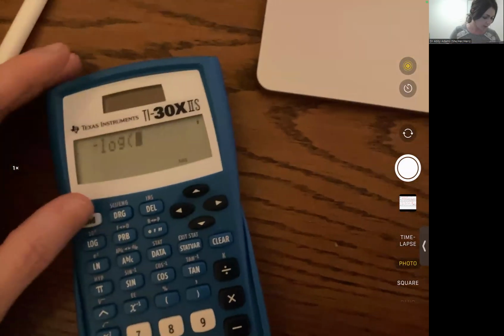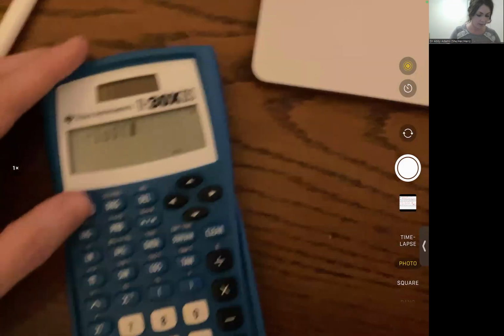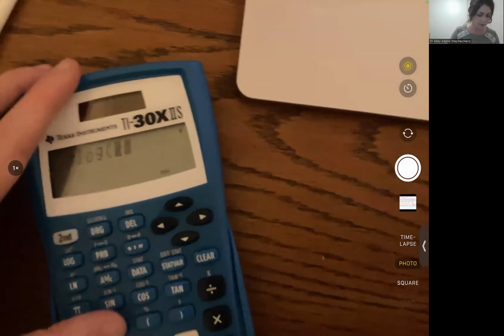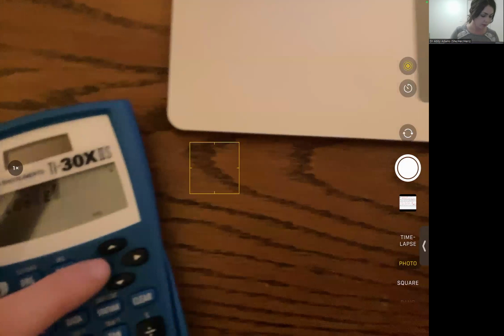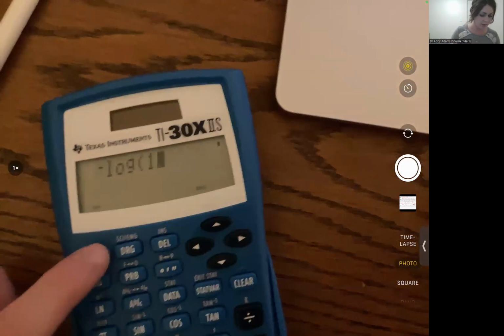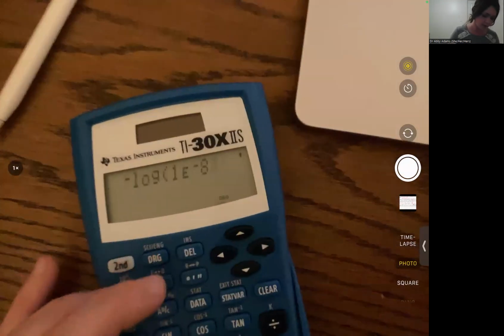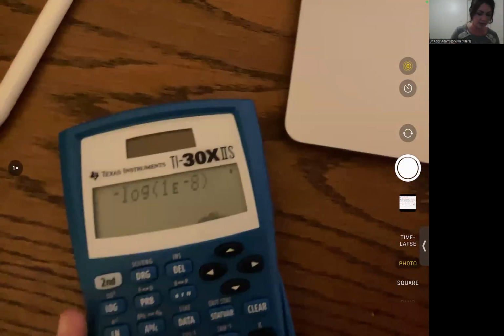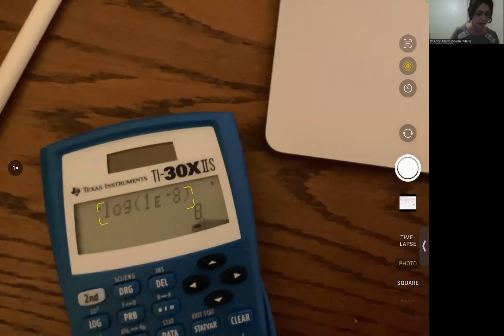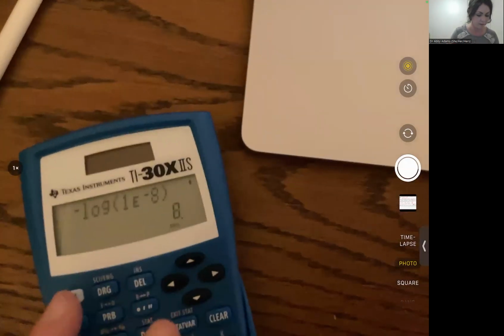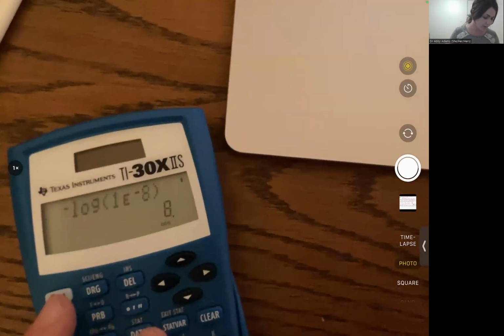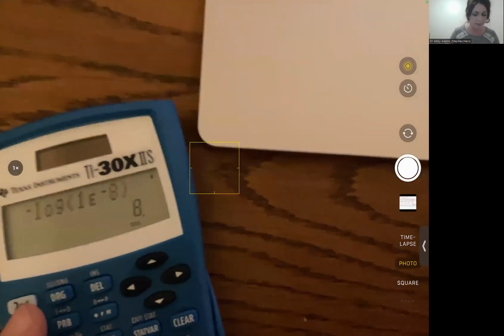First, actually, I need to type 1, and it's going to be times, you're going to hit second E, this button, 2, so -8, right? So that's how you're going to hit that in. You're going to close parentheses, you're going to hit equals, and it's 8. That's a basic pH with that concentration of hydronium ions. Okay, so that's how you're going to work that kind of problem.